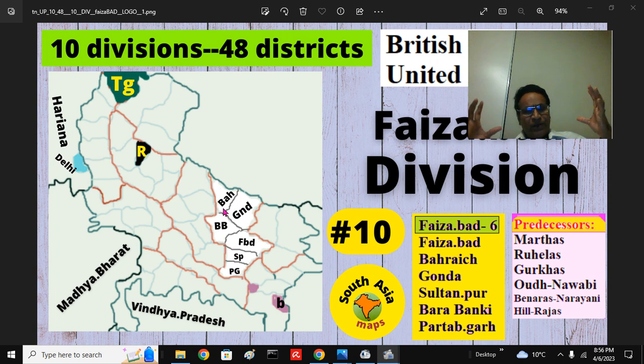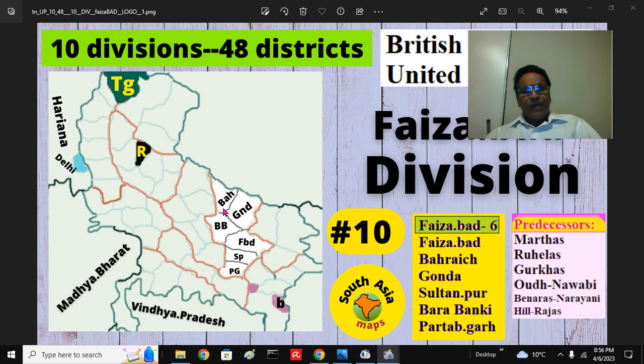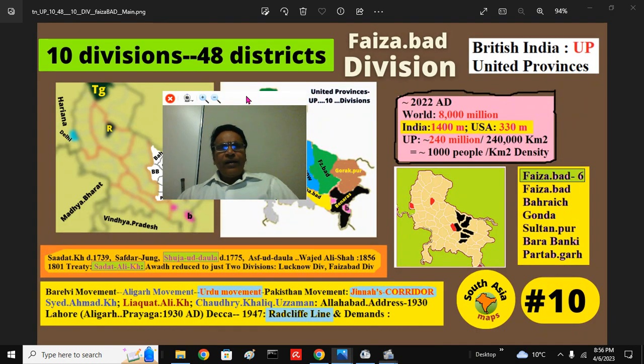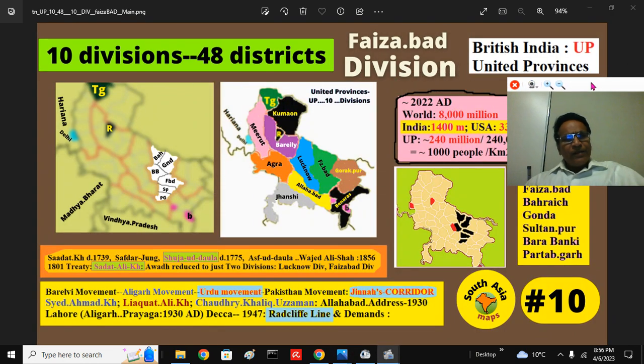All these regions were eventually conquered and consolidated by East India Company Bahadur around 1857. The United Provinces of Agra and Awadh was formed. Later the name Agra and Awadh was dropped. United Provinces was retained, and after the partition and independence, United Provinces became Uttar Pradesh, but the acronym remained more or less the same. And this is how this happened.